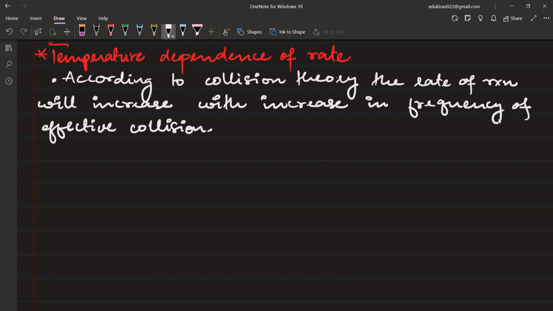Now, if there are more number of effective collisions, then that would lead to what? That would lead to increase in the rate of reaction.